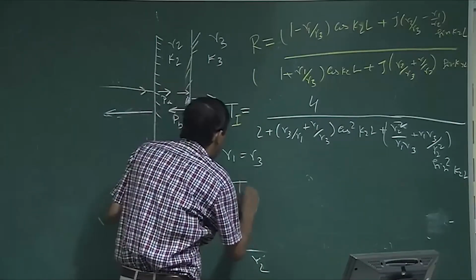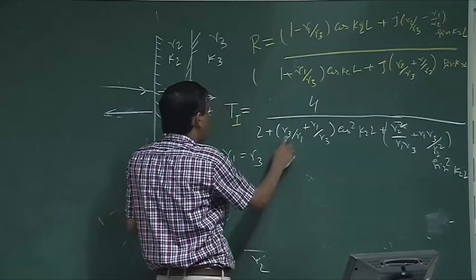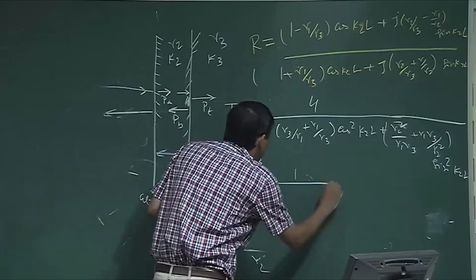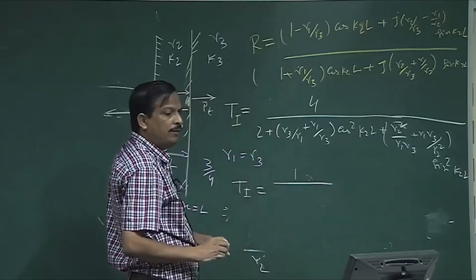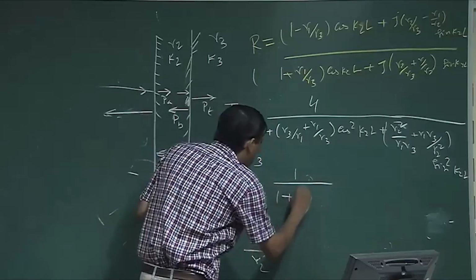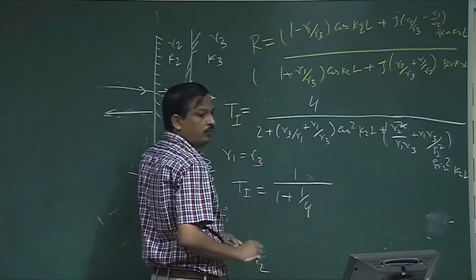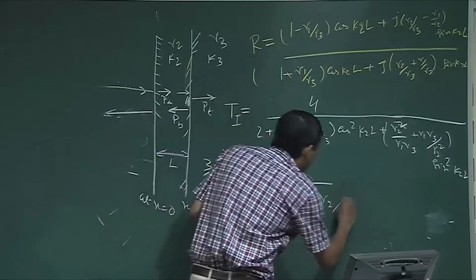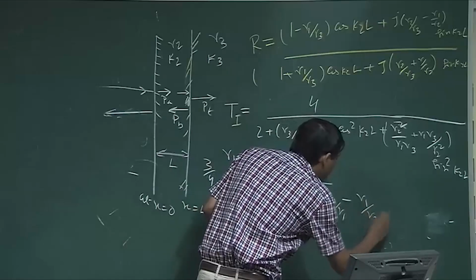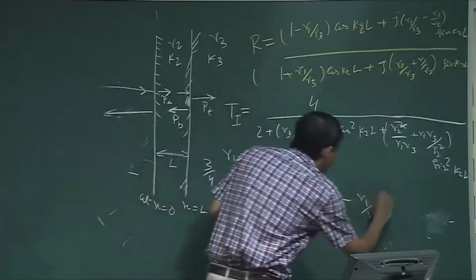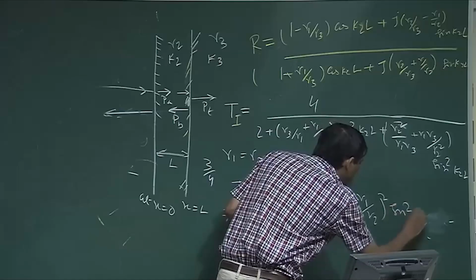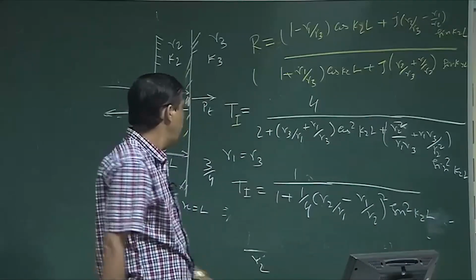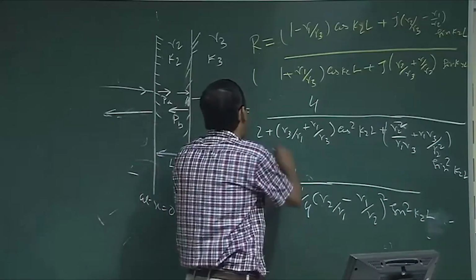Then what will Ti be? I put R1 equal to R3, then Ti will be 1 by 1 plus 1 by 4 into R2 by R1 minus R1 by R2, whole square, into sin square K2L.